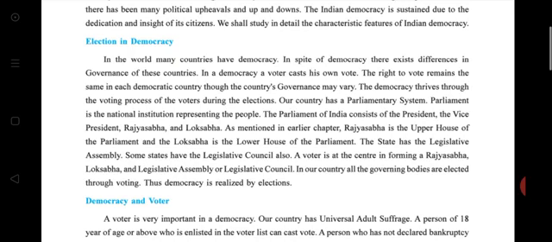Like our PM, CM, Chief Minister, Prime Minister, all the governing bodies, all the posts of government are elected through what? Voting. Thus, democracy is realized by election.